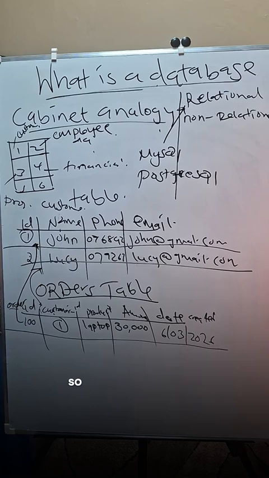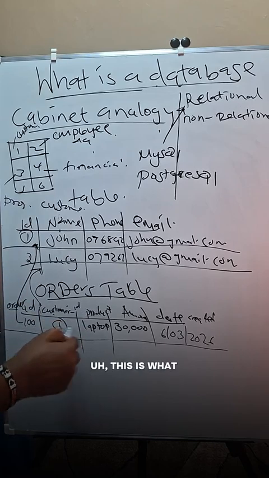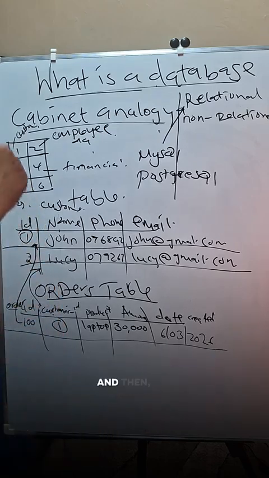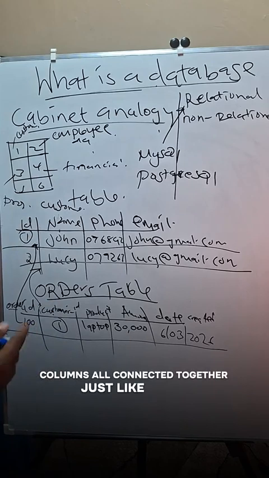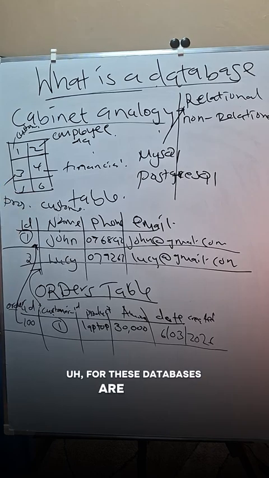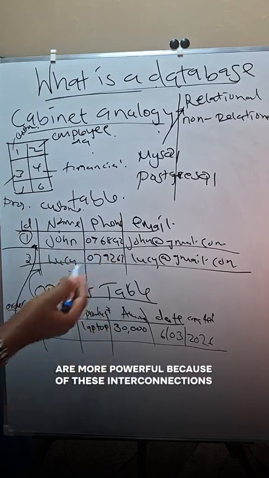So basically, a database is tables with rows, which form a complete record, and columns, all connected together, just like a filing cabinet, but databases are more powerful because of these interconnections.